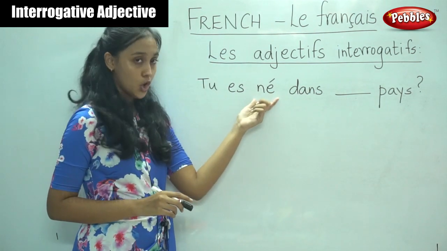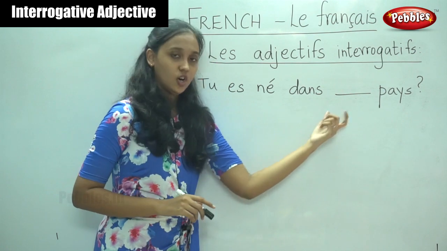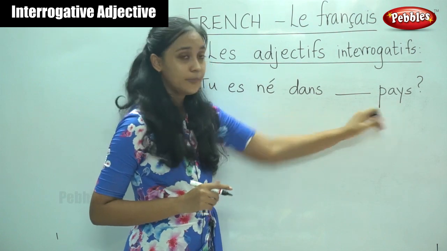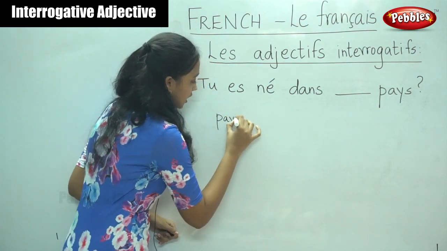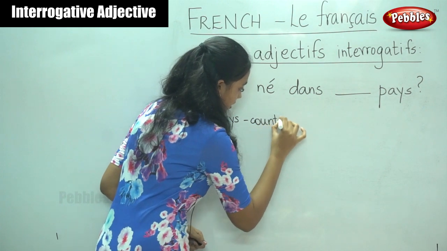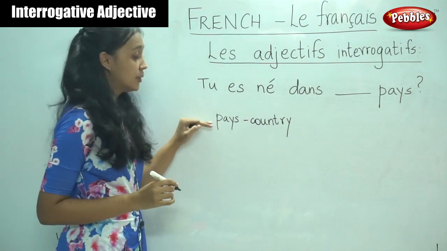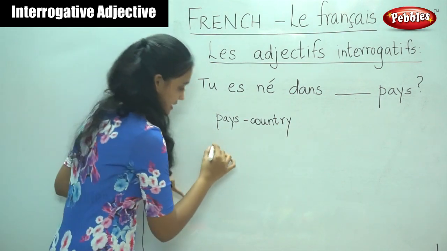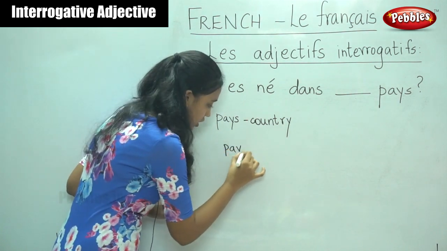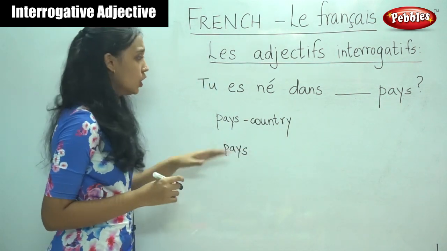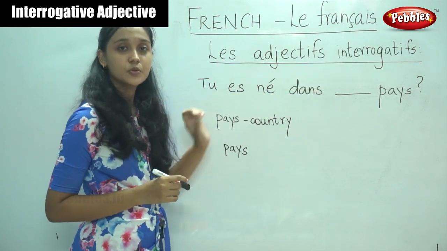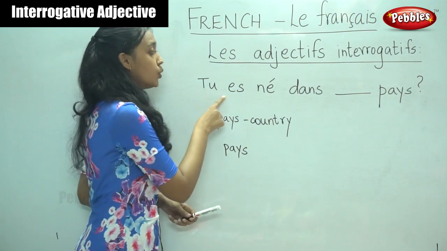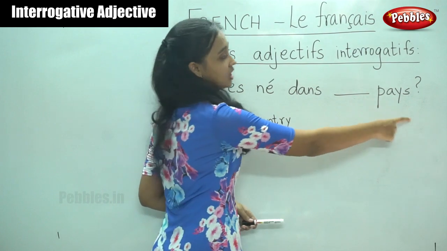You were born in which country or what country? So now if you note, the noun here is pays. Pays means country. Now, the word pays is the same in the singular and in the plural form. So now, how do you know what interrogative adjective we use here? We need to understand the sentence. So, you were born in which country?